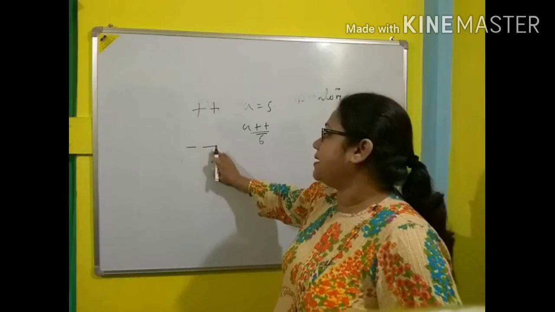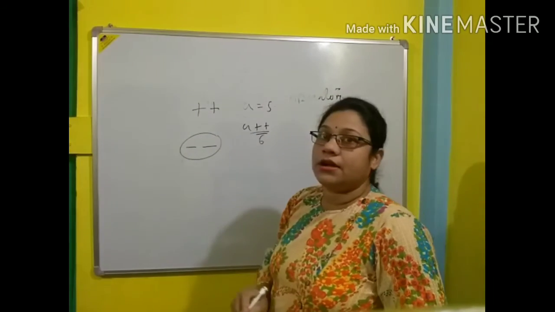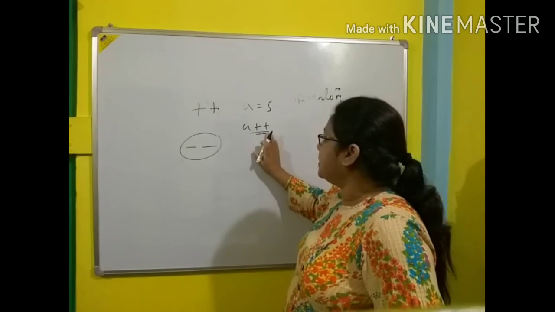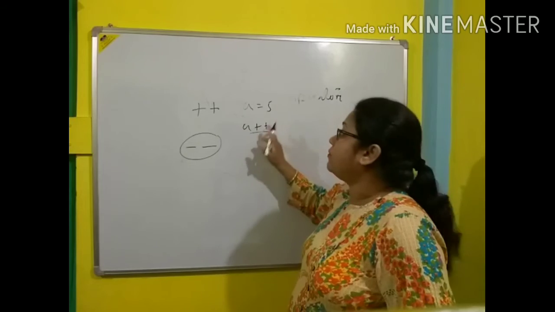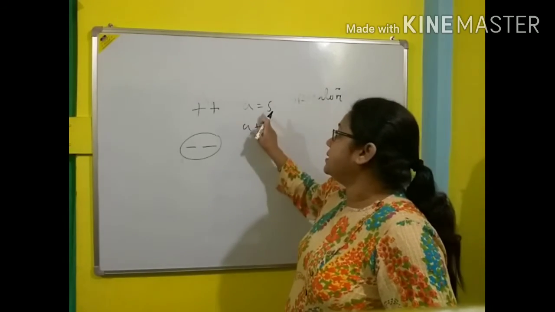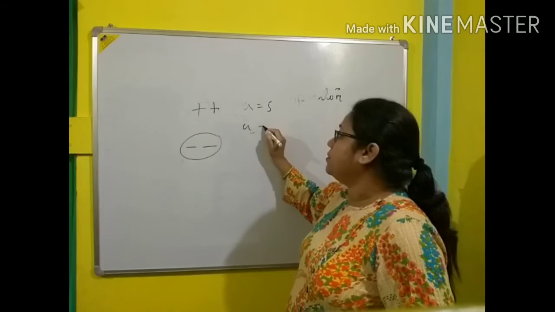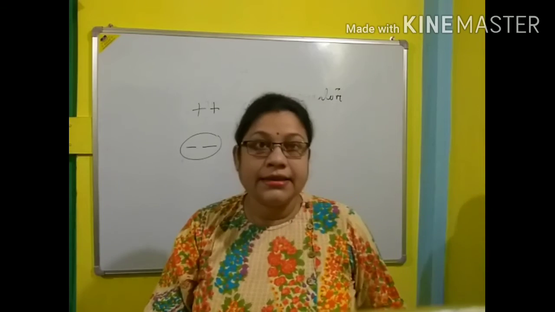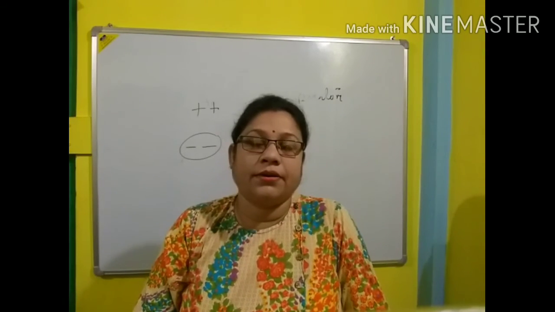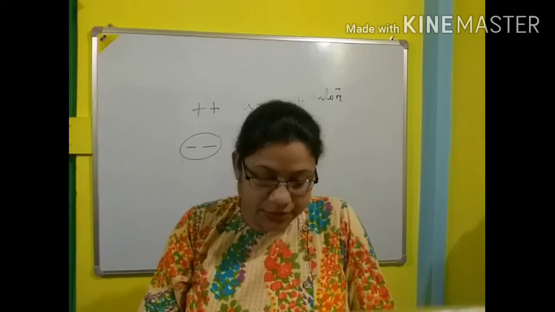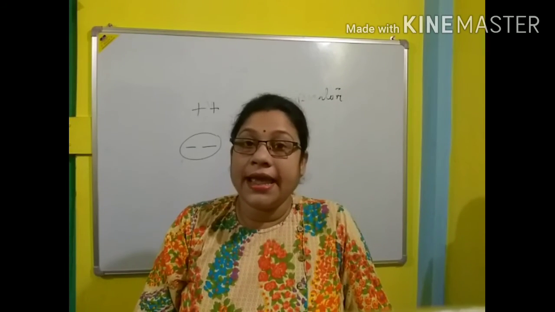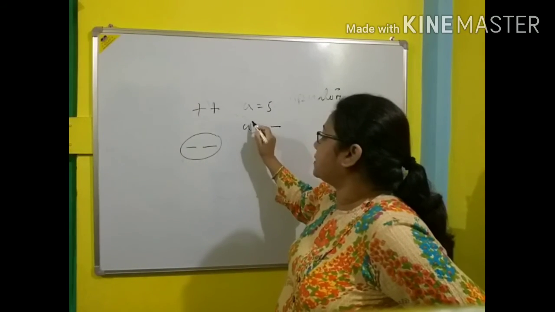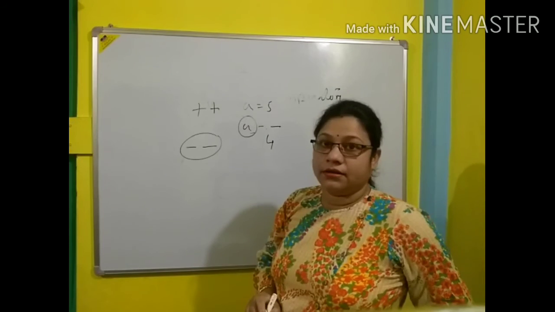The minus minus, which is used as the decrement operator, is just the opposite of the increment operator; it will deduct 1 from the variable. That is, initially a is 5, if you use a minus minus, then the answer will be 4. The increment and decrement operators are unary operators because they take only one operand. Look here, I use a minus minus, so it uses only one operand.